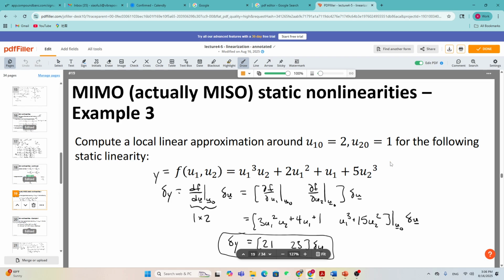As we mentioned, for this static nonlinearity you don't have dynamic variables x. As you can see, your function f is only a function of input u, where you have two different inputs. To linearize it, you have to find the partial derivative of function f with respect to each individual input, u1 and u2.